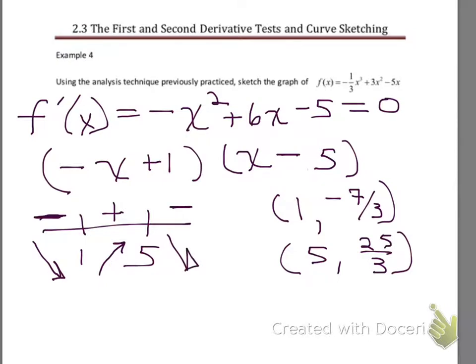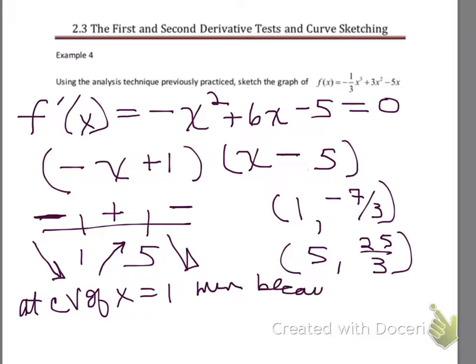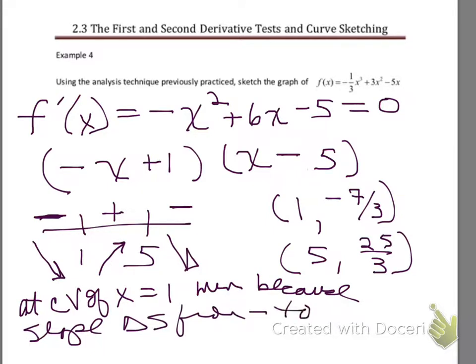So my first derivative test tells me that at the critical value of x equals 1, I have a minimum because the slope changes from negative to positive.